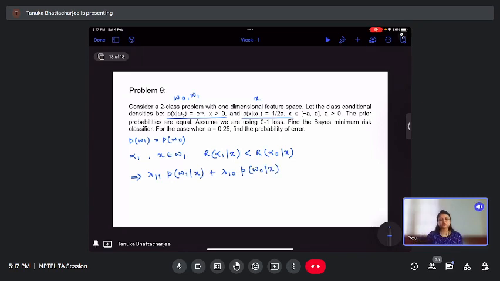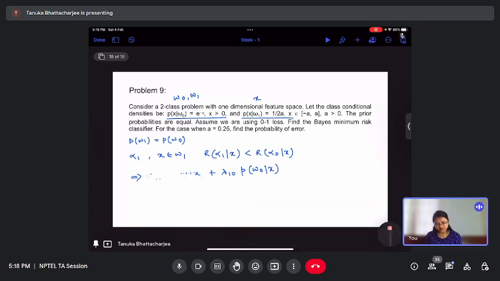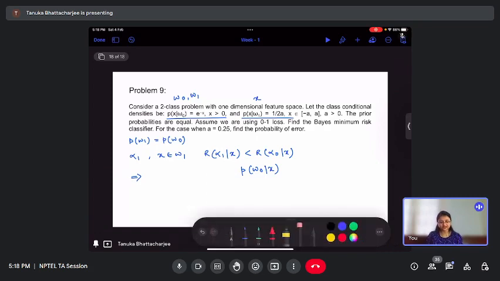Now, here you are already given the information that the loss is 0-1 loss. So, your lambda 1 1 will be equal to 0 and lambda 1 0 will be equal to 1. So, if you put that, simply you are left with this term. So, this is your risk of taking the action alpha 1 given x.